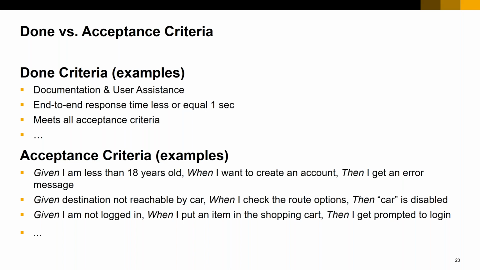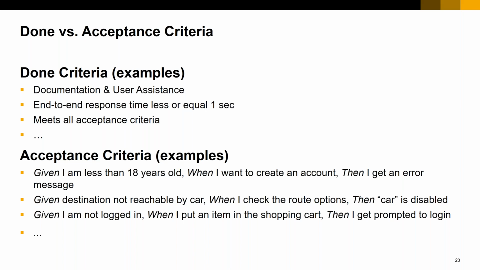Your acceptance criteria will typically be at a granular level. For example, given I'm under 18 years old, when I want to create an account, then I get an error message, right? So this is a sample acceptance criteria that we use.